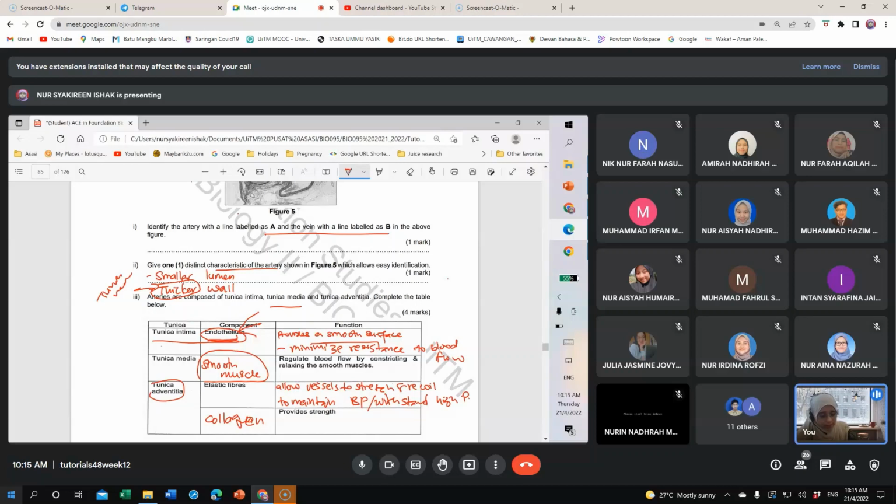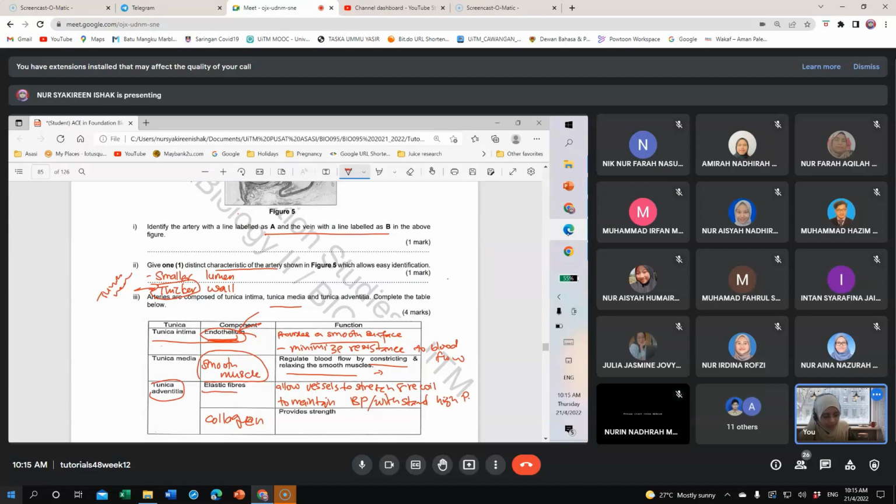Okay, so for the tunica media, because it is made up of smooth muscle, this is to regulate blood flow by constricting and relaxing the smooth muscle. Okay, vasoconstriction and vasodilation. So the blood pressure against the wall of the artery will create the pulse.